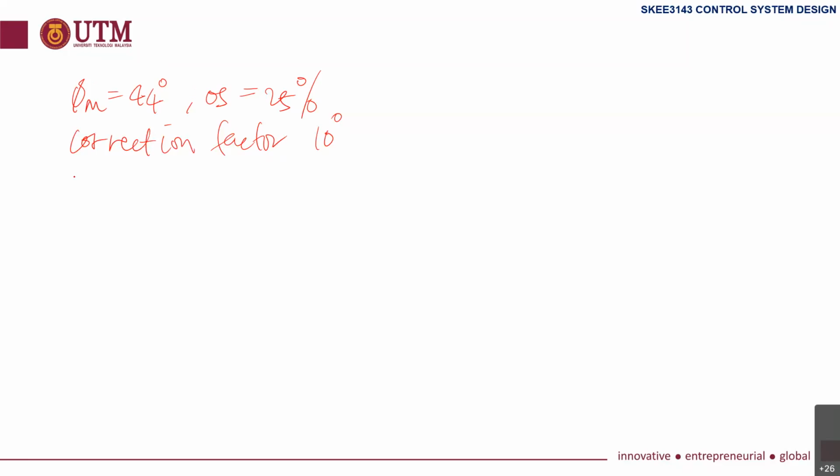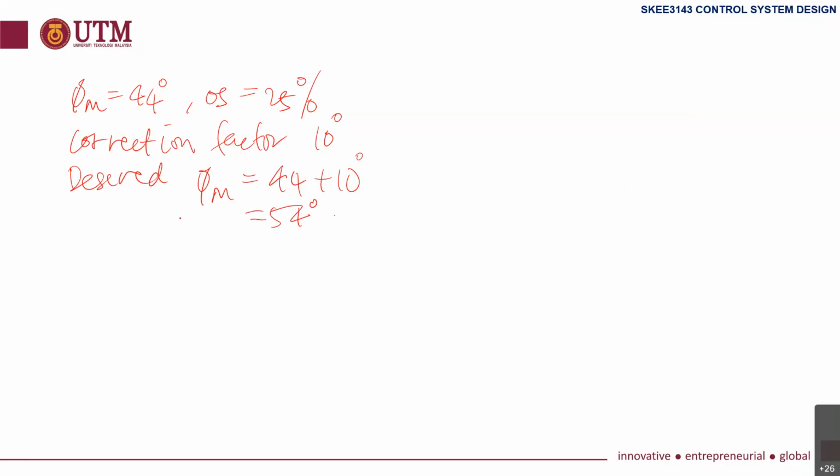So our desired phase margin is 44 plus 10, which is 54 degrees. So we want 54 degrees phase margin.